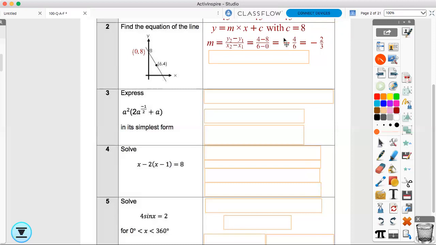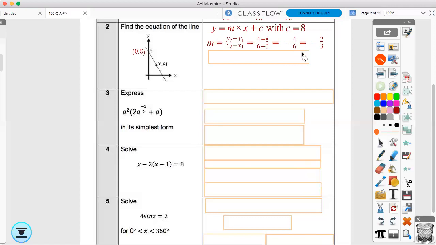And 4 minus 8 is negative 4 divided by 6. So now, you remember, whenever you have a fraction, even if they don't ask you to give it in its simplest form, you've got to simplify it. What I always tell my students is, whenever I see two even numbers here, I know straight away they're both in the 2 times table.